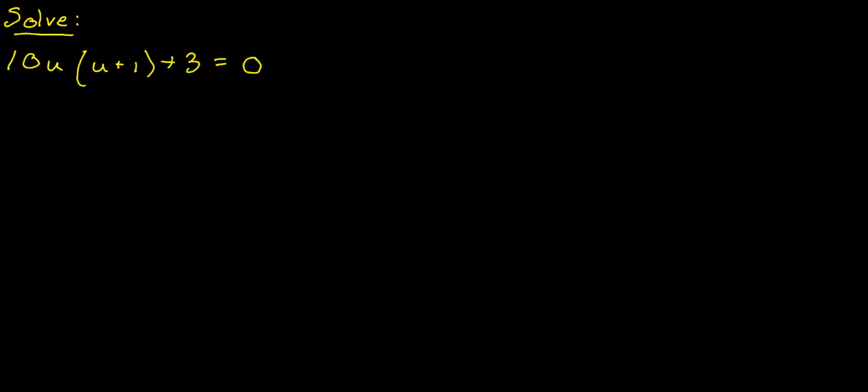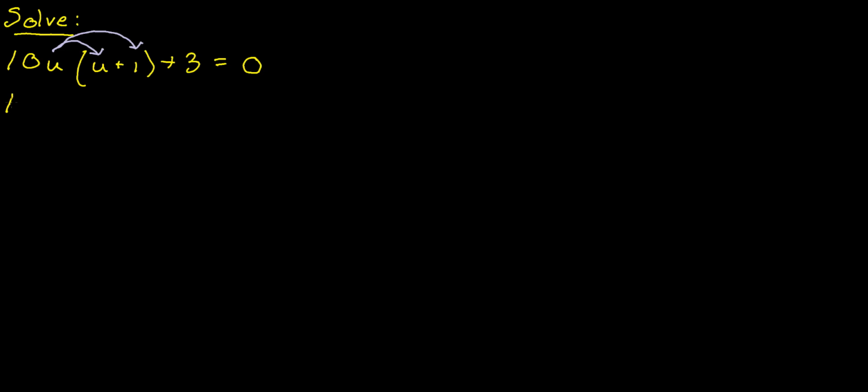So the first thing I'm going to do is distribute 10u over the parentheses. To do that, I'm going to multiply 10u times u and then add that to 10u times 1. So let's write down what we get.